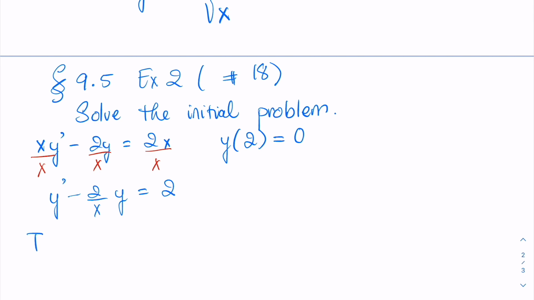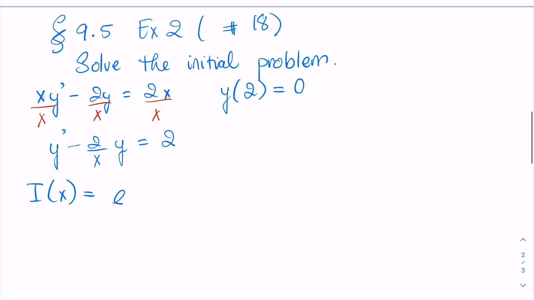Now let's figure out I of x. So I of x is going to be e to the integral of negative 2 times 1 over x dx. You can see it's right here, and then I just took out the negative 2.